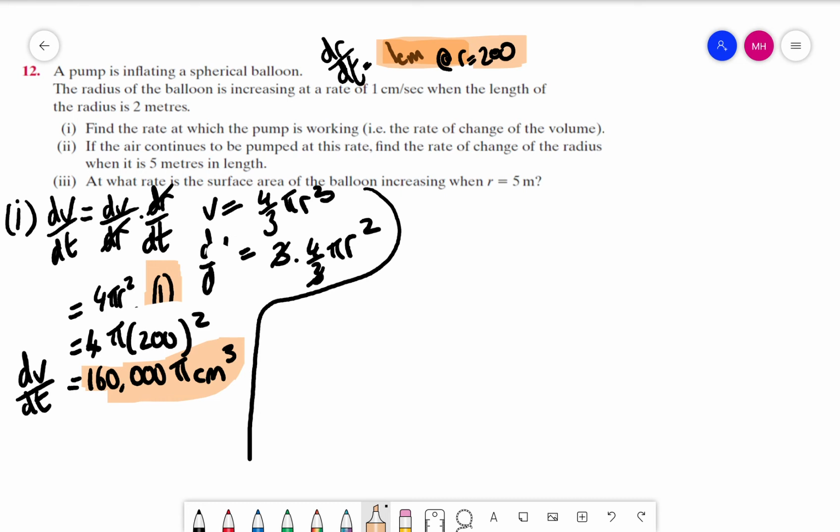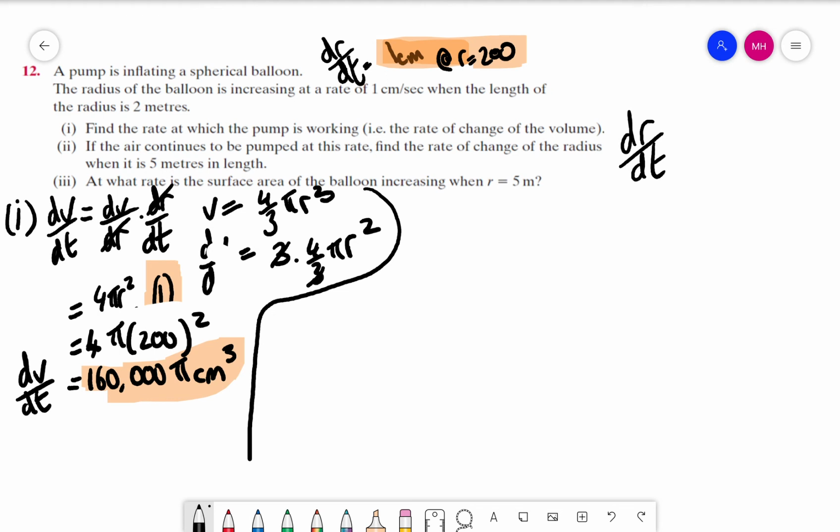Okay, so if the air continues to be pumped at this rate, find the rate of change of the radius. So the rate of change of the radius is going to be dr/dt. We're told dr/dt when the radius is 200, but now we need to find dr/dt when it is 500. So how do we go about doing that?